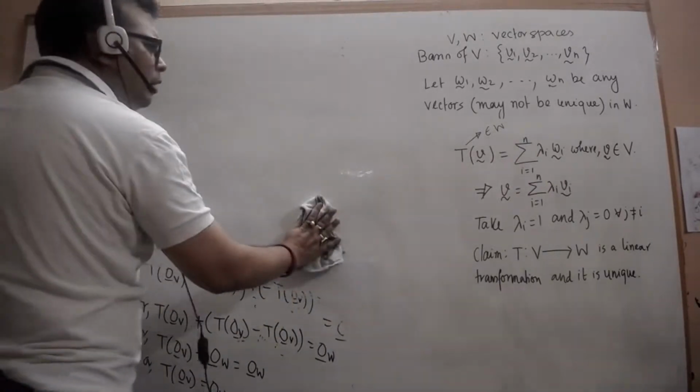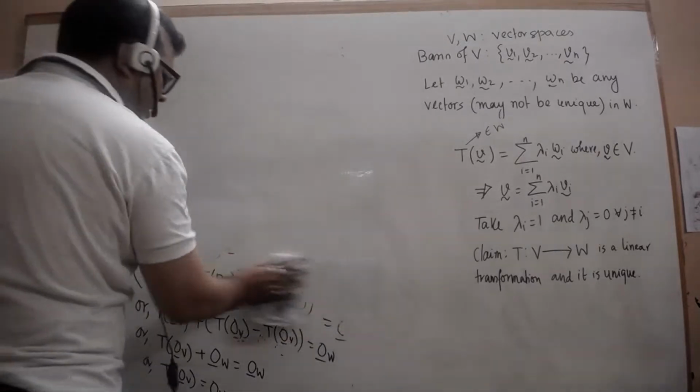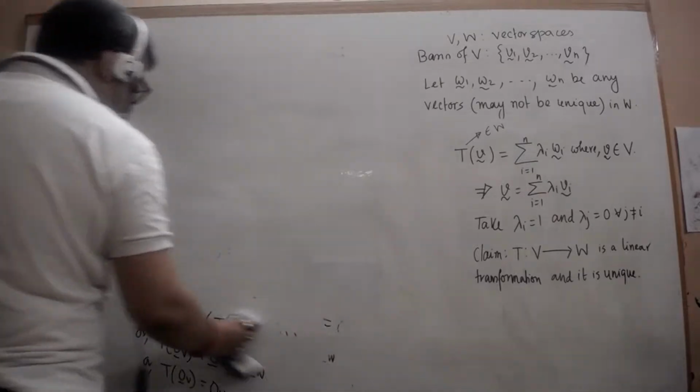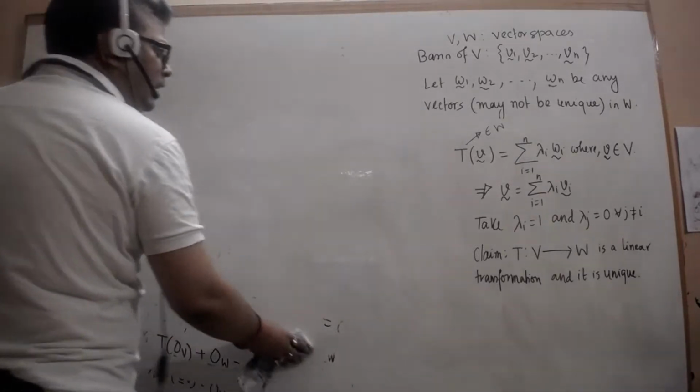So now I am going to prove T is a linear transformation and this linear transformation is unique, if I define T as follows.